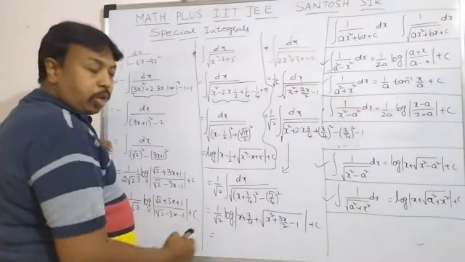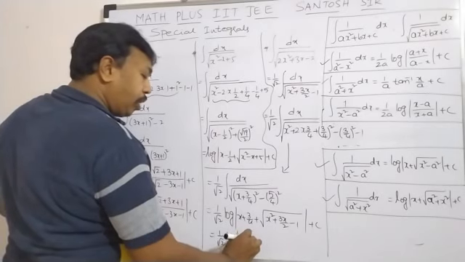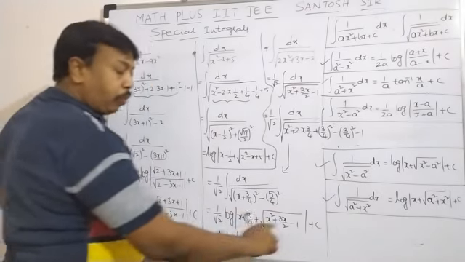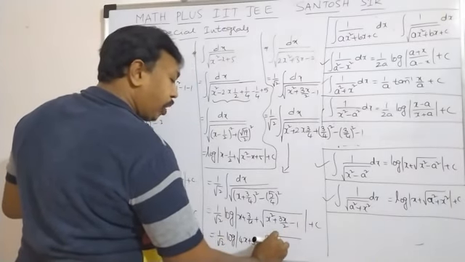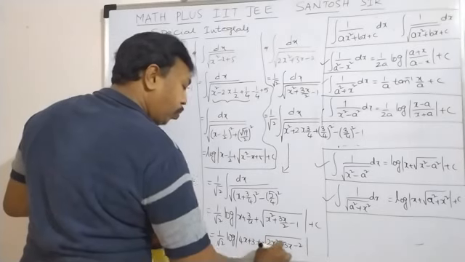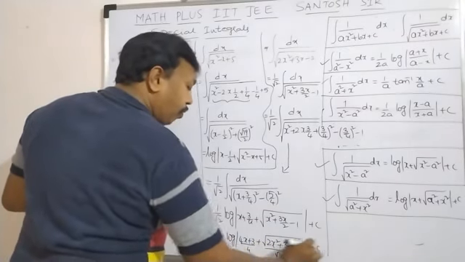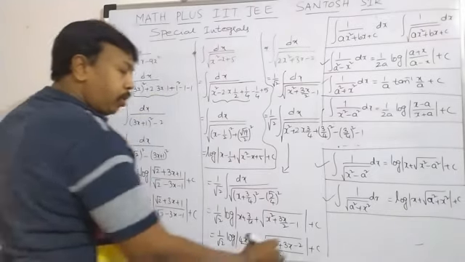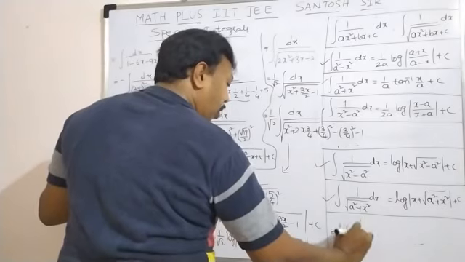So if you take root 2 common, that is 1 upon root 2 into log mod, here 4x plus 3 plus, if you take LCM, this becomes under root of 2x square plus 3x minus 2 whole upon root 2, here it becomes 4, here root 2 plus c. Furthermore you can take LCM, so 1 upon root 2 into log mod.